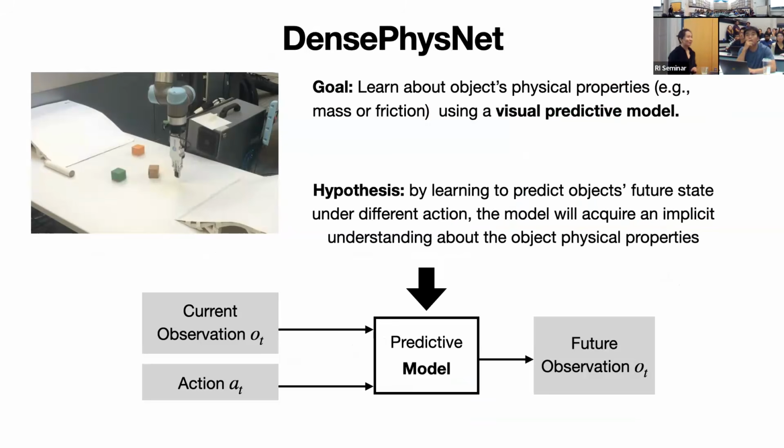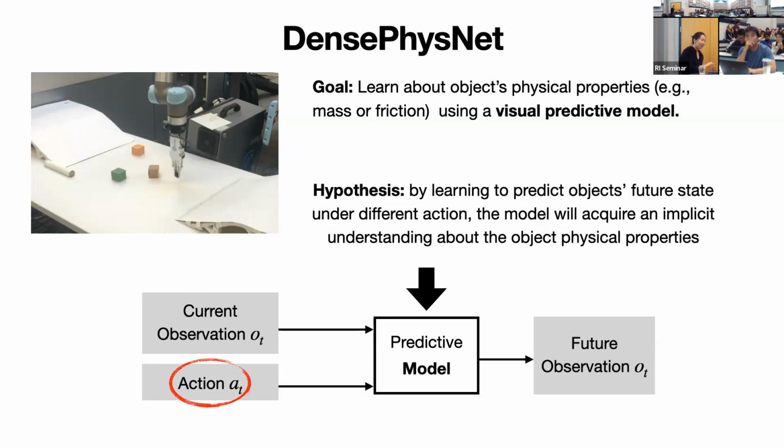However, something interesting we learned in our experiments is that this hypothesis is not always true. It is highly dependent on the type of action you use to collect the training data and to train the predictive model.